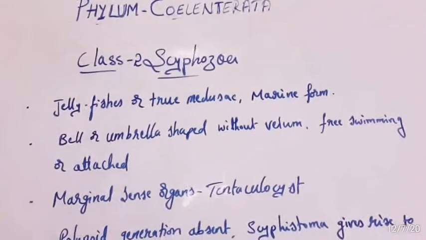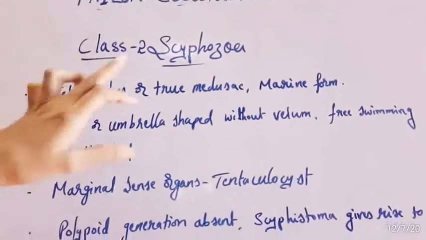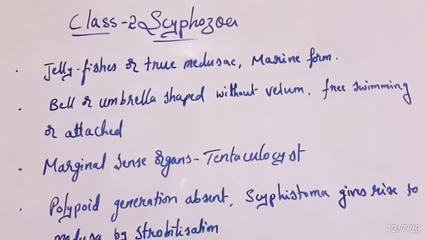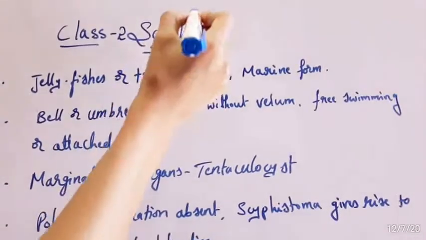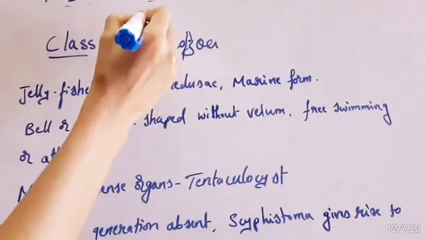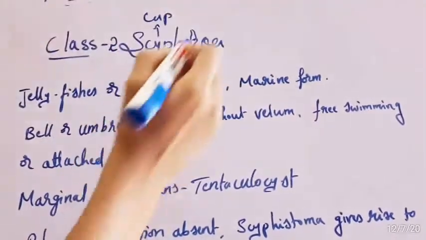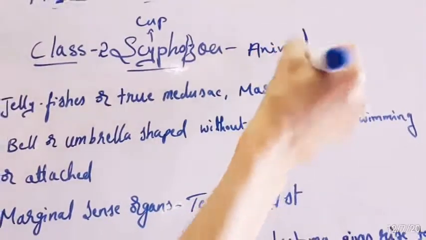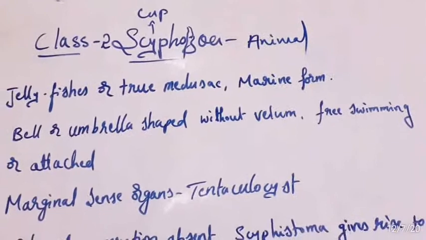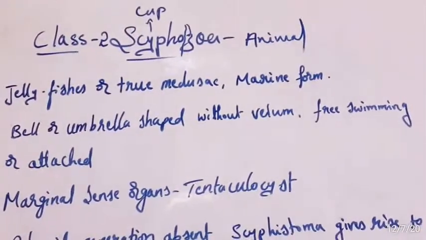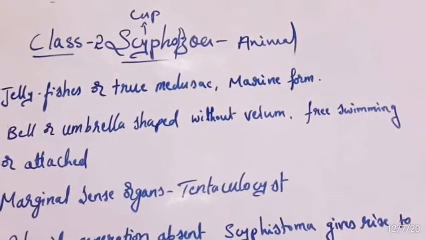So next class is Scyphozoa. In Greek, Scypho means cup, zoa means animal. So here the organisms are cup-like animals.